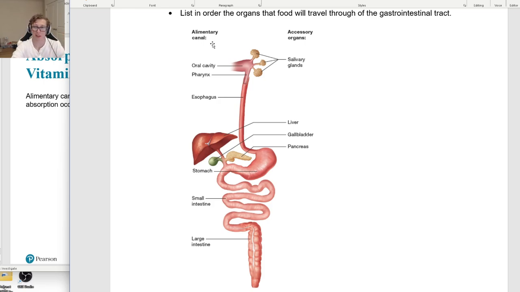So you can see on the left side, with the canal, you have oral cavity, pharynx, esophagus, stomach, small intestine, large intestine. And then there are the accessory organs: the salivary glands, liver, gallbladder, pancreas, and the things that aren't listed here are teeth and tongue.